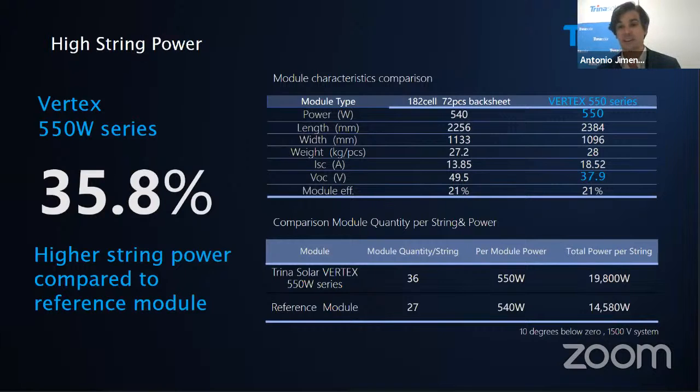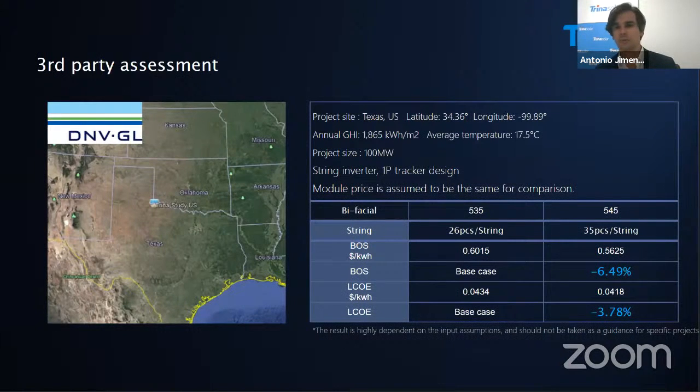Compared with even the very advanced modules currently, it is 35% more, 36% more, even higher, which allows us to reduce the number of strings in the plant and to reduce the cost of the installation. How much are we going to reduce? We had a third-party analysis made by DBL.